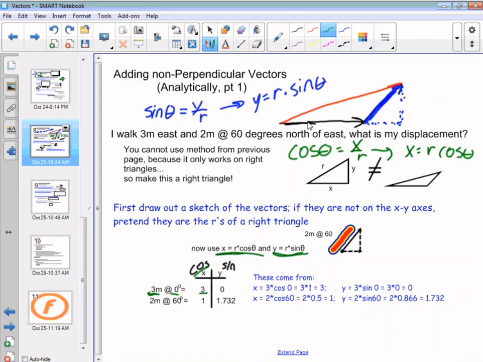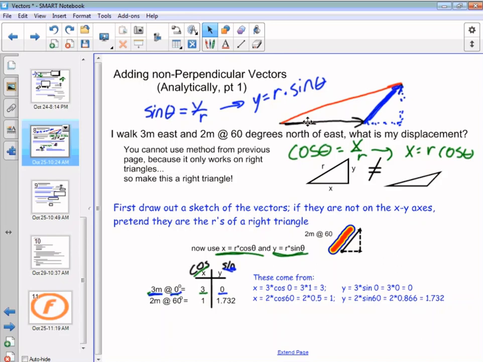This way you don't have to remember a whole bunch of different rules. You just say, this is my old reliable rule. If I want to get the y component, I'm going to say 3 sine 0. And what's that going to be? 0. Ta-da, right? Whether you needed it for that one or not, that might help.